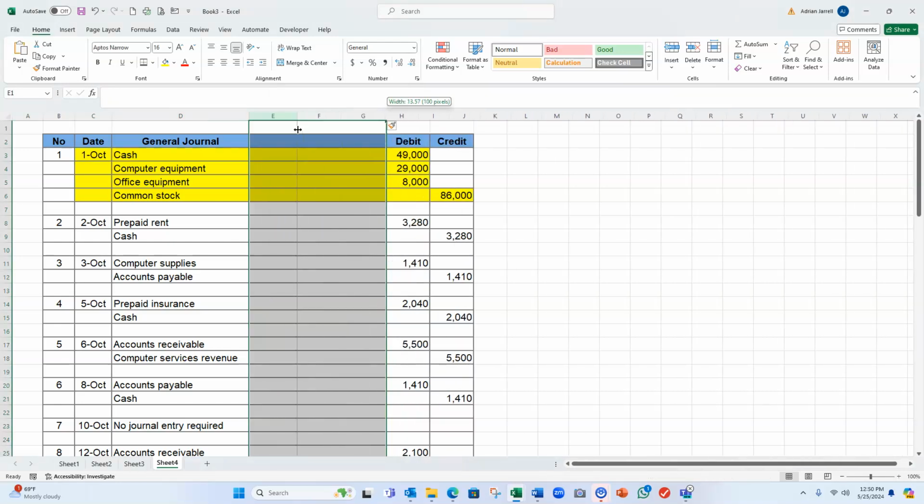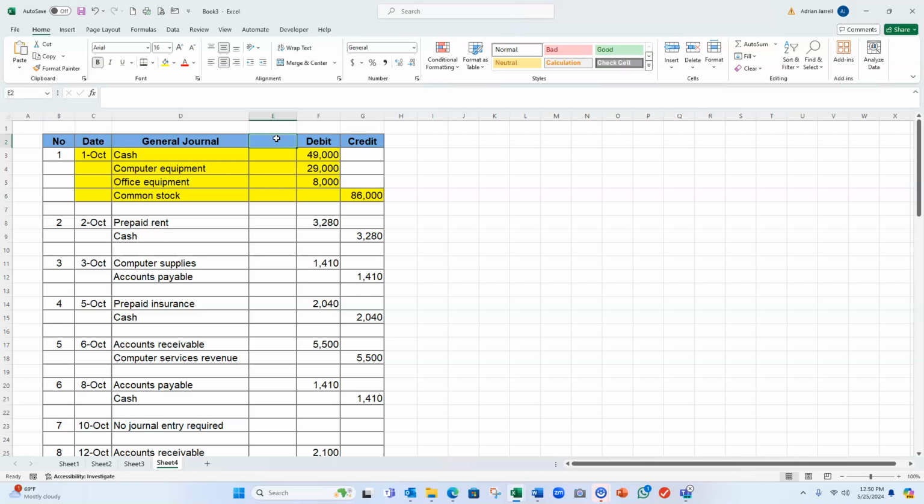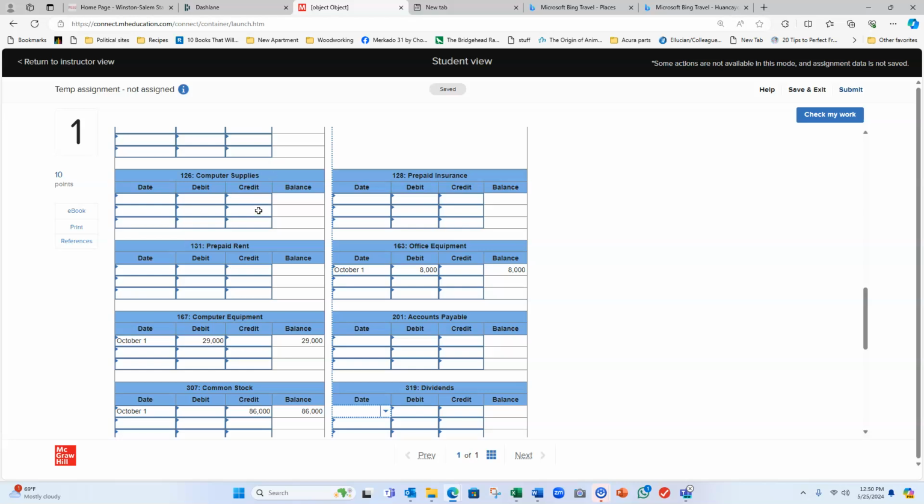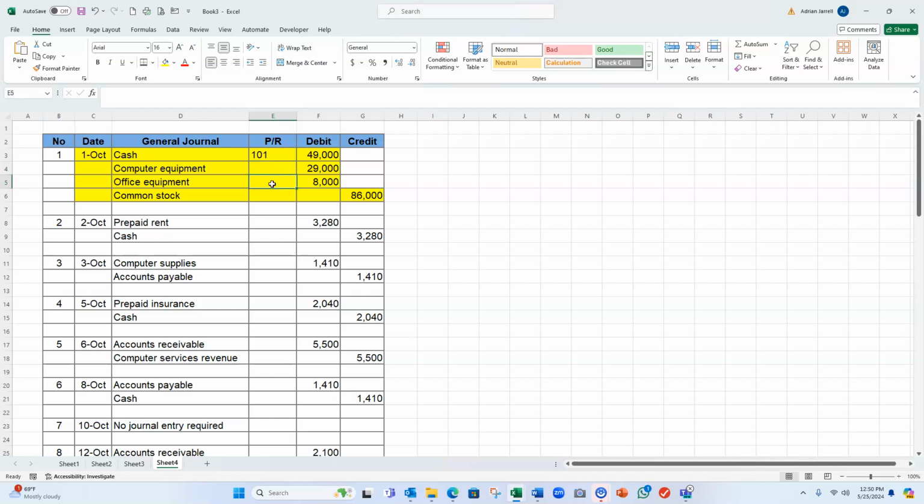Let's make this a little bit smaller. Post reference column, and you would record the account number 101 here. Office equipment is 163. Computer equipment is 167.